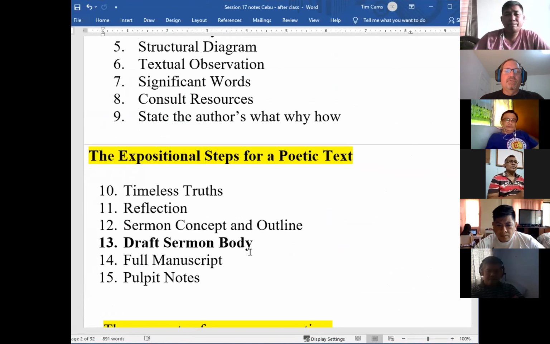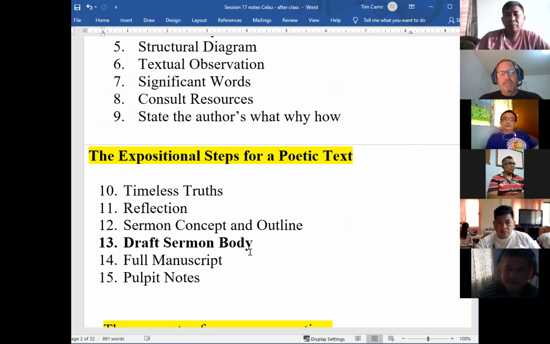And once you've done all of the study, all of the time that we put into the poetic analysis and the word studies and the resources, textual observations, diagram, and all these things, and then finding the author's what, why, how, identifying those timeless truths, and then coming up with the sermon concept and outline.